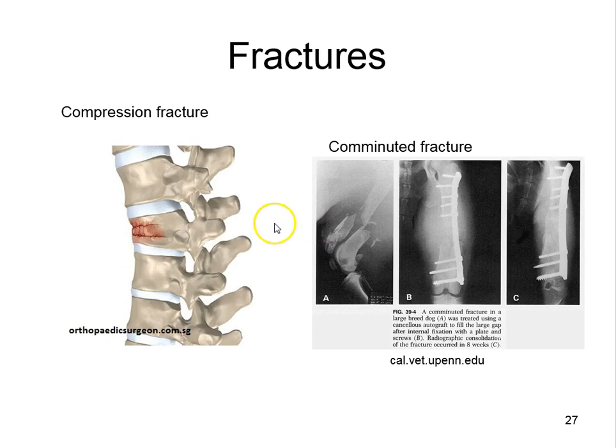Let's go to the next group. The compression fracture is when the bone is mashed down. So you would fall down onto your tailbone and it would just mash the spine. The next one is a comminuted fracture, and this is when the bone is splintered or crushed, often with fragments embedded in the surrounding tissue.